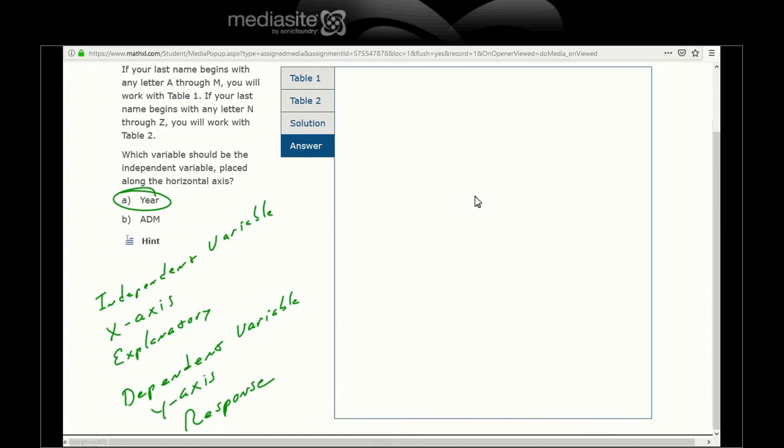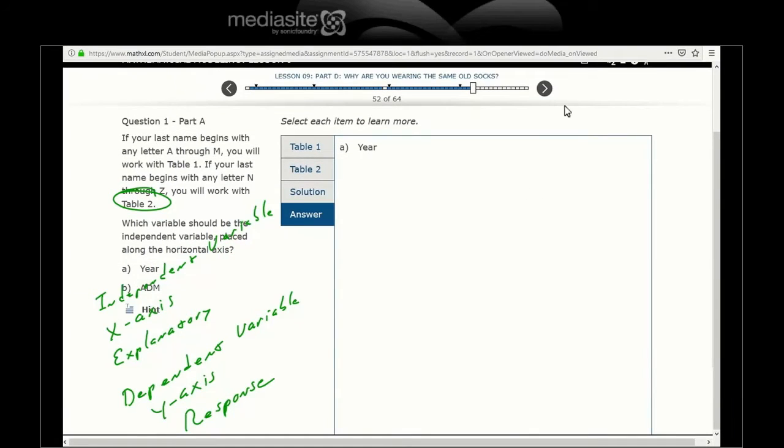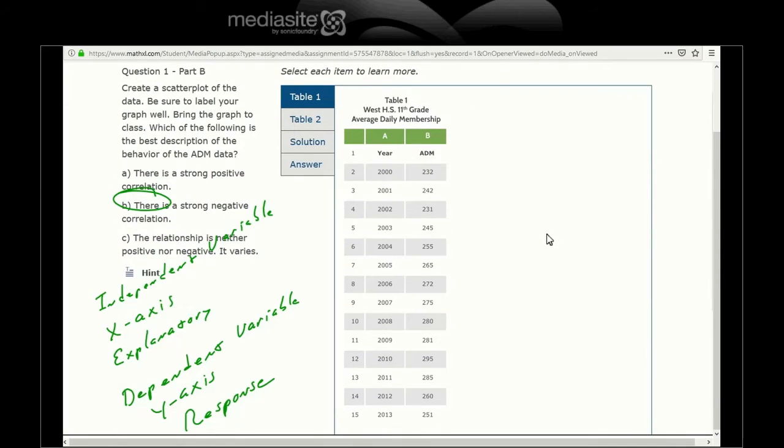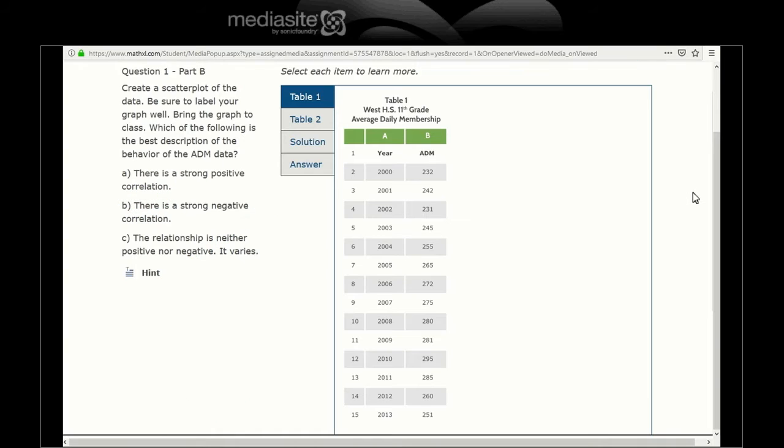All right, how do I move to that? Okay, here we go. Here's the change button. Let's clear the ink. Create a scatter plot of your data. Be sure to label your graph well. Bring the graph to class. Which of the following is the best description of the behavior of the average daily membership?